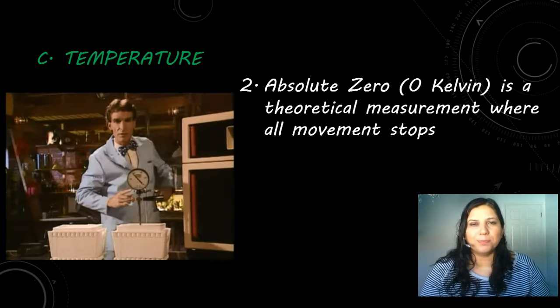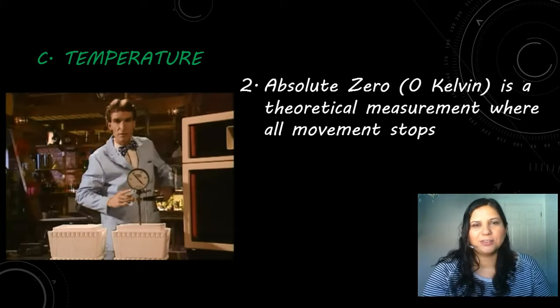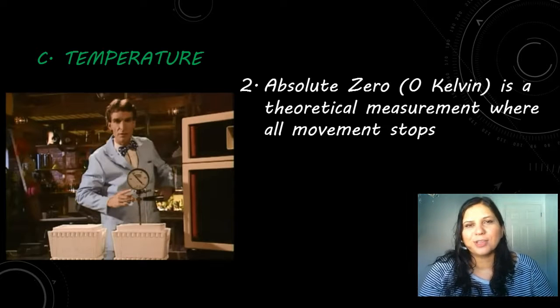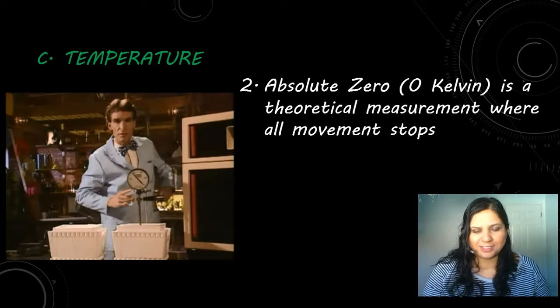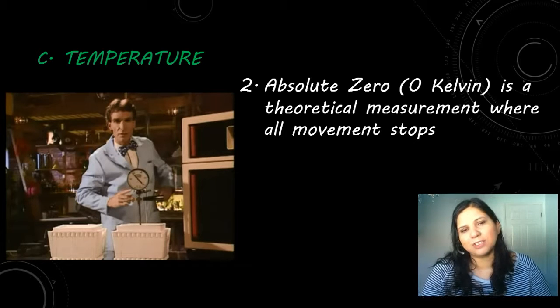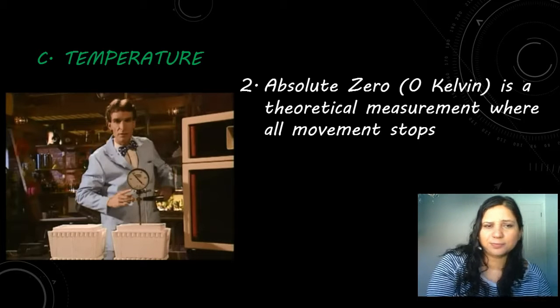And when you add that device into the mix, you're actually adding energy. And so by adding energy, you can't actually get there. So you can get close, and scientists have gotten to 1 billionth of a degree Kelvin.